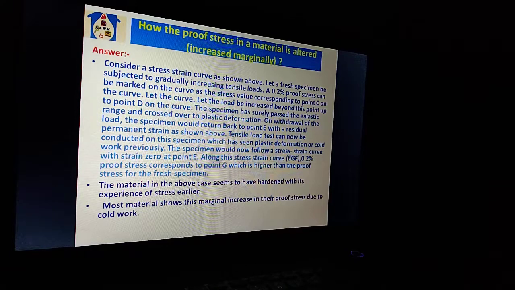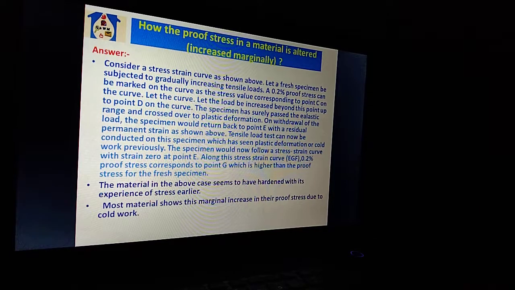The tensile load test can now be conducted on this specimen which has been plastically deformed or cold worked previously. The specimen would now follow a stress strain curve with strain 0 at point E. Along this stress strain curve, the 0.2% proof stress corresponds to point G, which is higher than the proof stress for the fresh specimen.